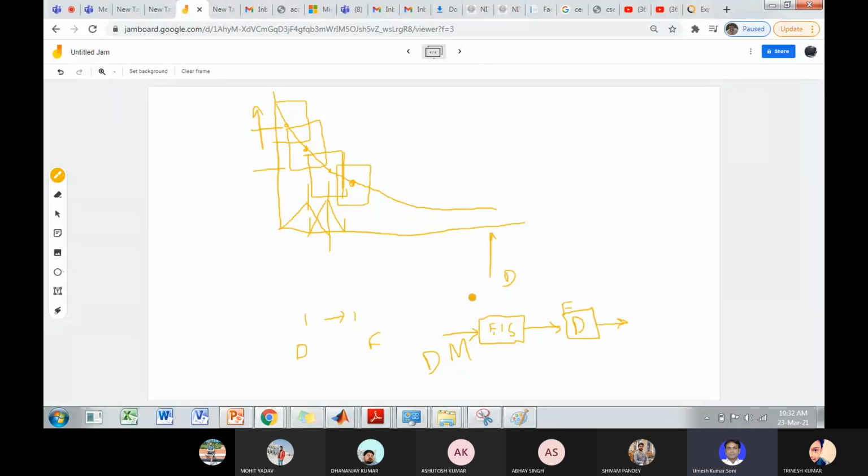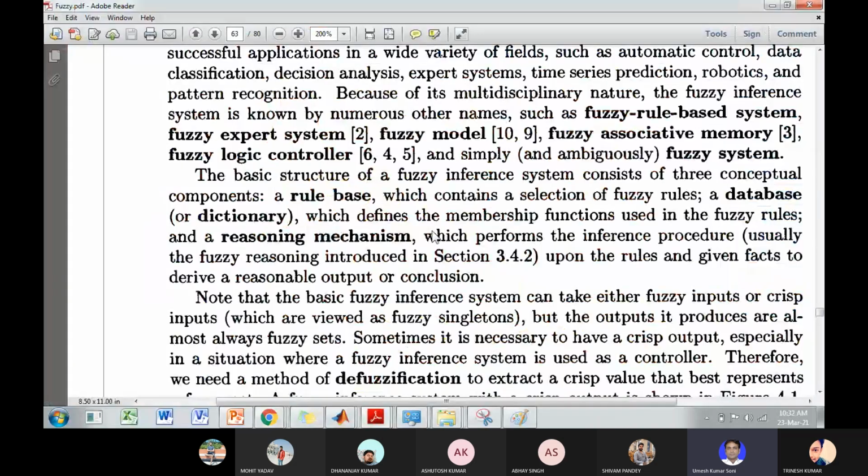Completely, this fuzzy logic controller can give the braking force, the crisp value of braking force. So here three things have been already described: rule base, database, and a reasoning mechanism, that is the knowledge base.